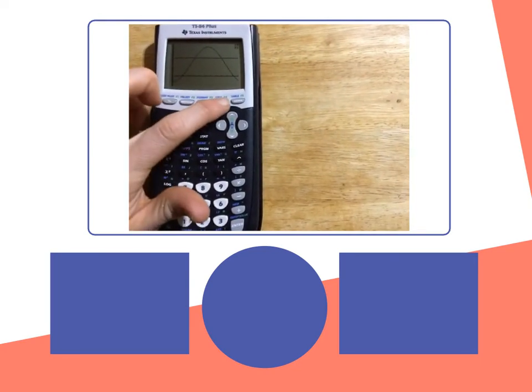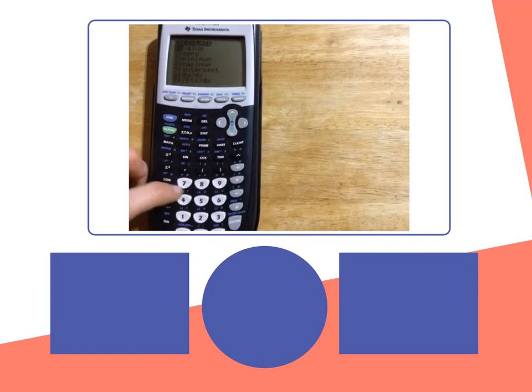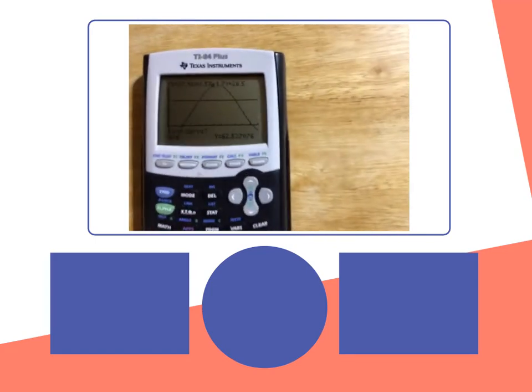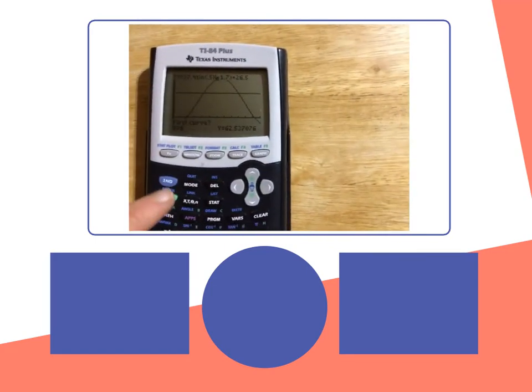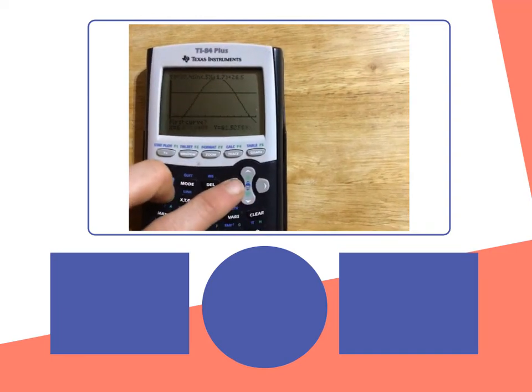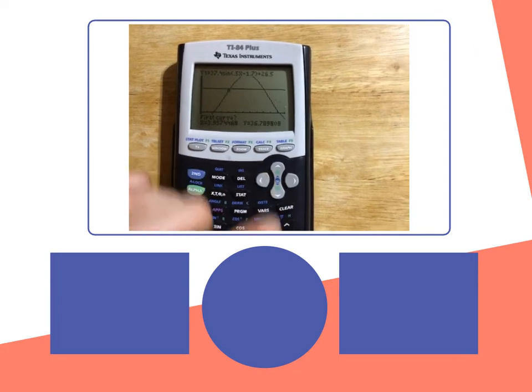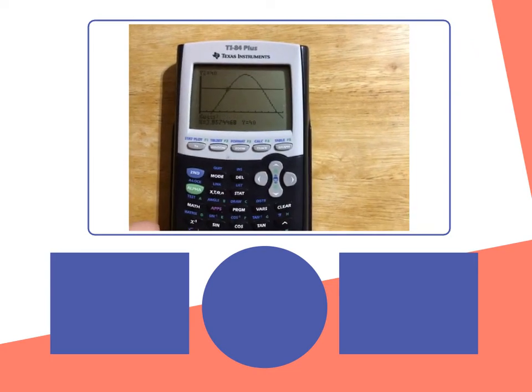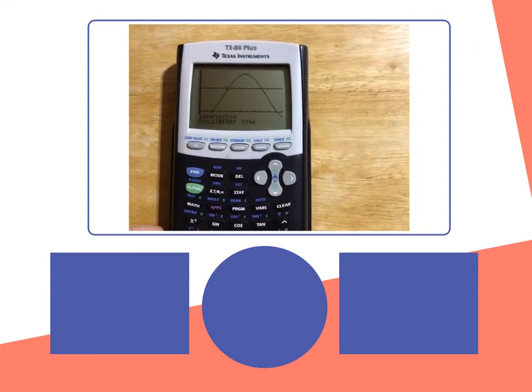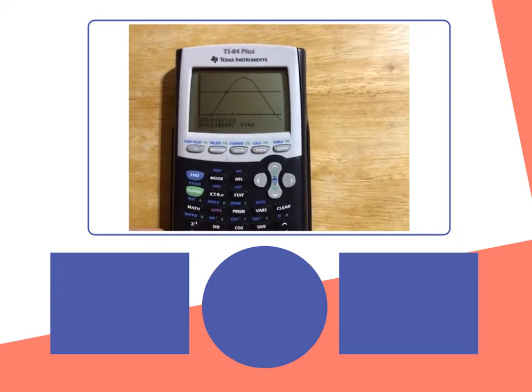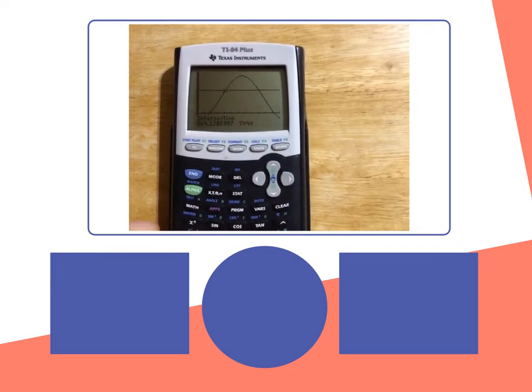So I'm going to go to second calc intersect, number 5. I'm going to get a little closer because we don't really need the buttons. I'm going to move over to one of the values. Press enter 3 times. So my first intersection is 4.14, 40.